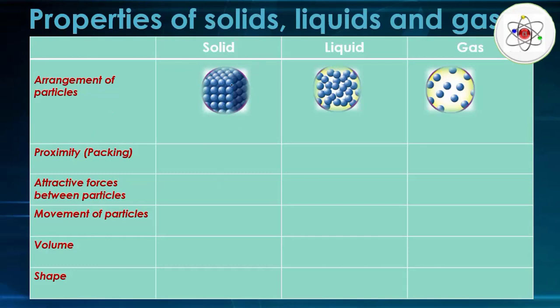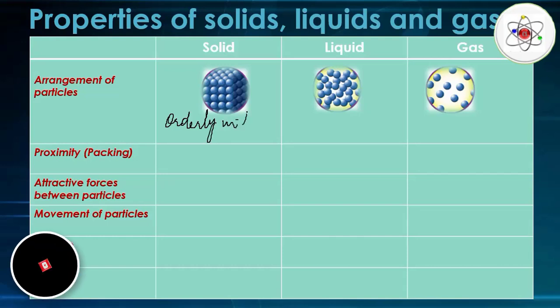So you can look at the diagram. Particles in the solid state are tightly packed or orderly in layers. So the arrangement of particles can be written as orderly arranged in layers, right? So we can write orderly in layers.